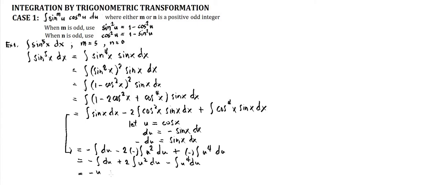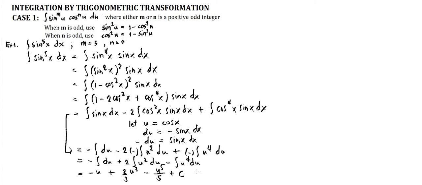And then, by power rule, integral of u squared du is u cubed over 3. And then, minus integral of u to the fourth du by power rule equals u to the fifth over 5, and then plus the constant of integration, c.